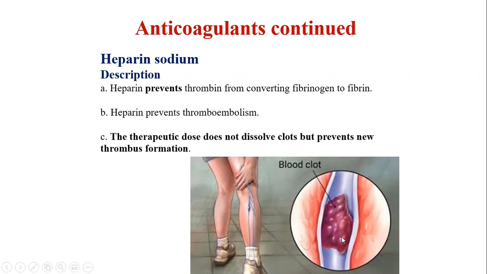So this is blood clot formation, right? It also prevents embolus formation, emboli, we call them emboli. The therapeutic dose does not dissolve the clot, but prevents new thrombus formation.